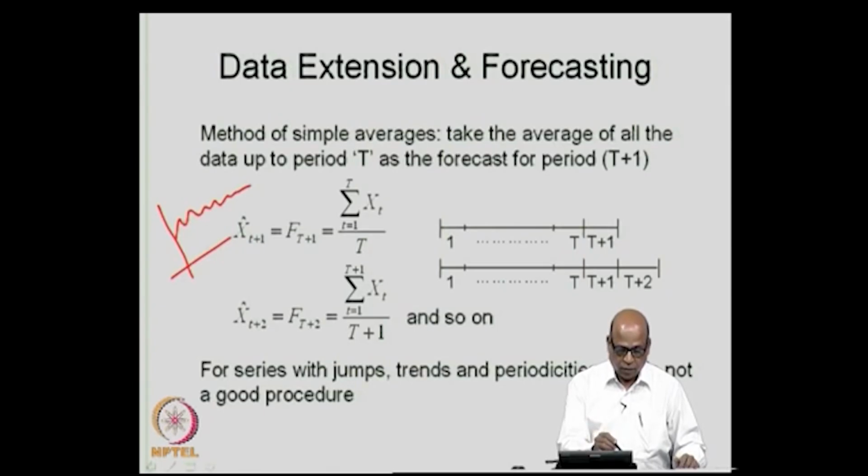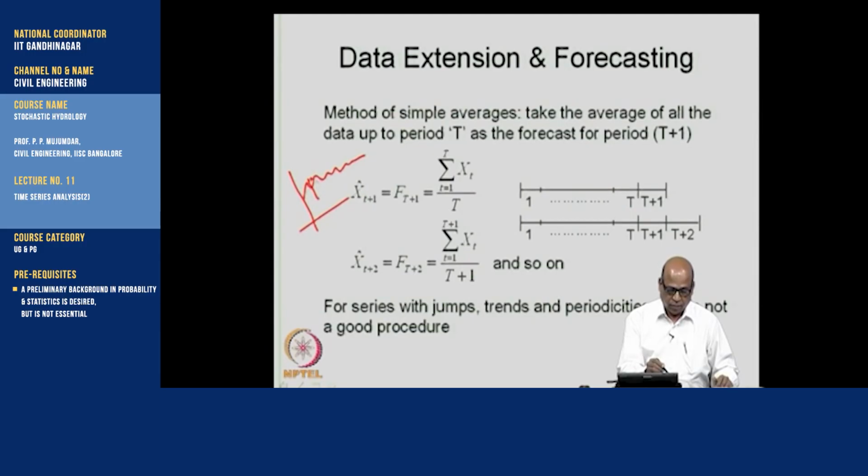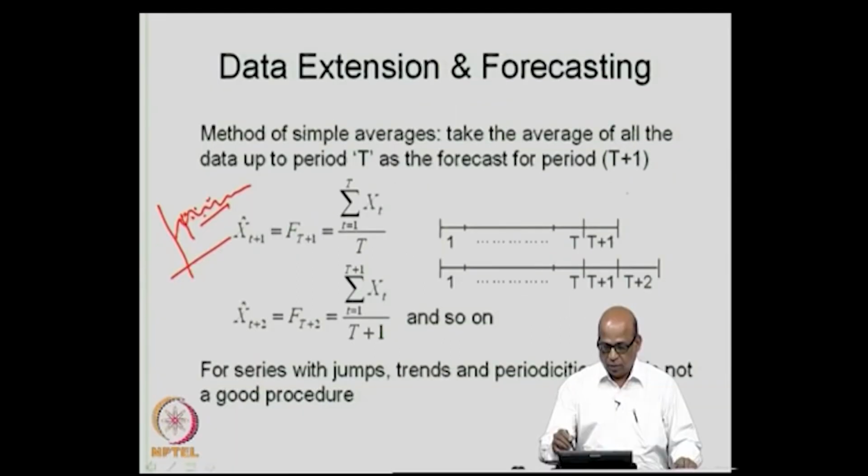Then you are forecasting, let us say at this point, based on the values that we have got, maybe your forecast will be somewhere here, and next time forecast will be somewhere here. Like this it may keep on going. So, if you have a smooth process, this kind of average based procedure will work reasonably all right.